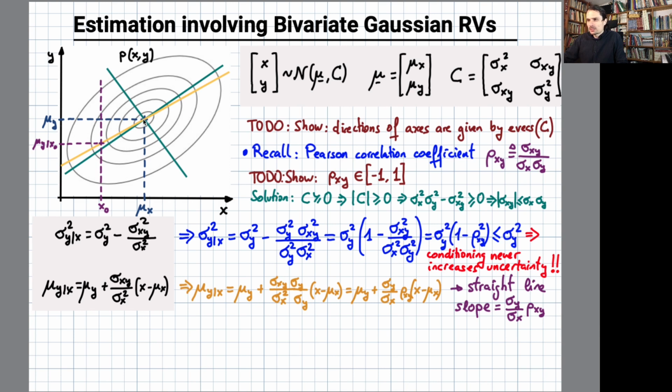We see that the yellow line must necessarily go through the point mu x and mu y, because if we just substitute here x equal to mu x, then this second term becomes 0, and then mu y given x has to be equal to mu y, okay?